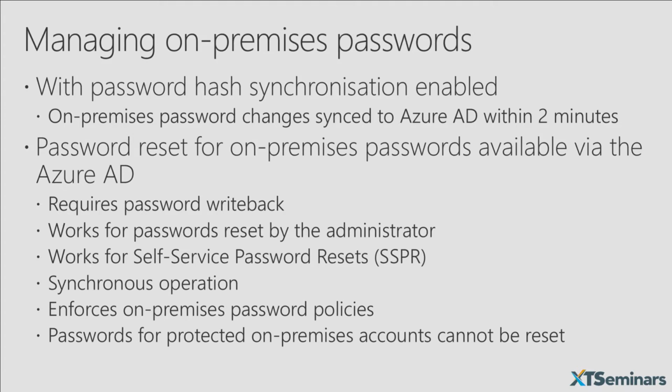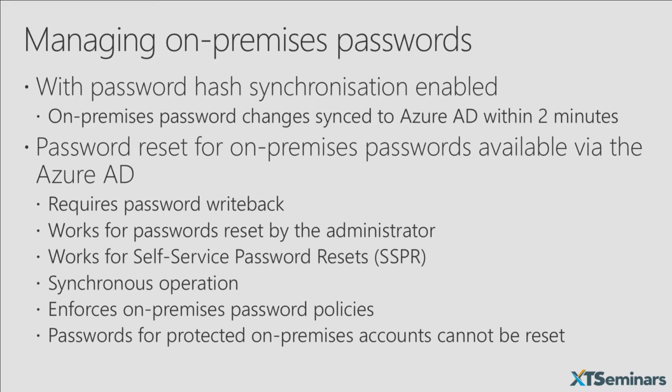And a protected account is really to protect sensitive administrator accounts. If you have an admin count greater than 0, then what will happen is you can't change that user's password in the cloud. The reason it's been done is so that a cloud administrator can't suddenly take over on-prem. But it could mean you could actually have quite a number of users who are protected.